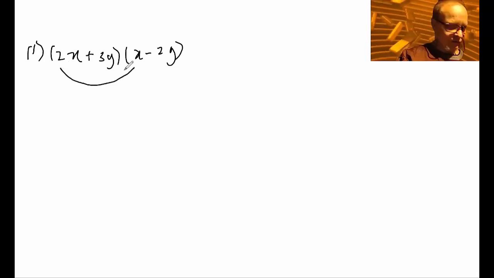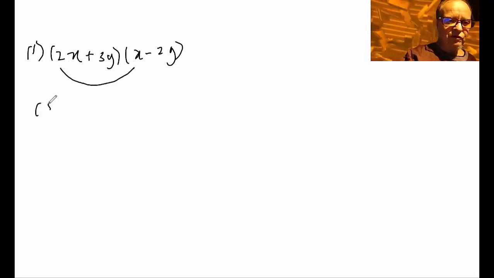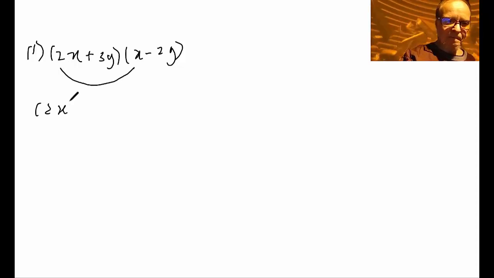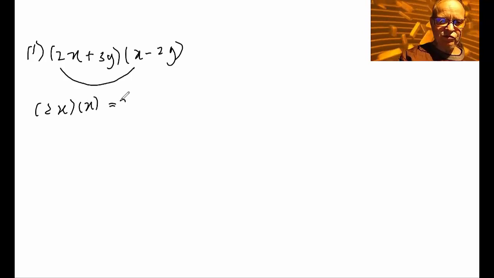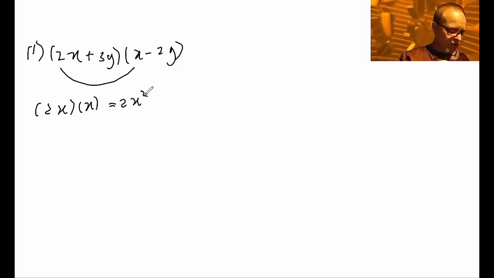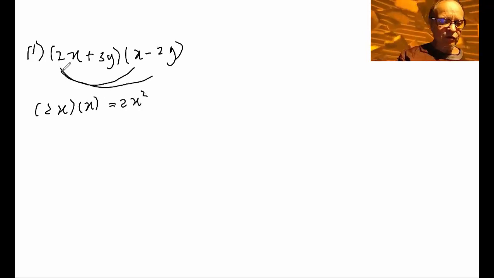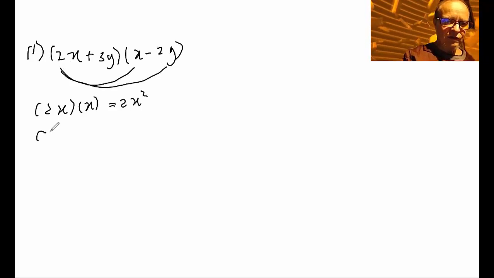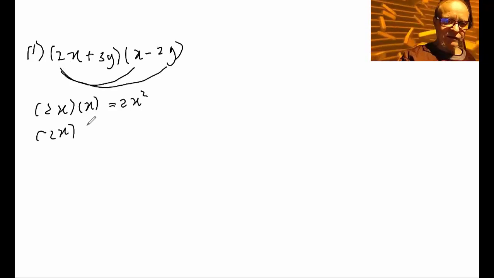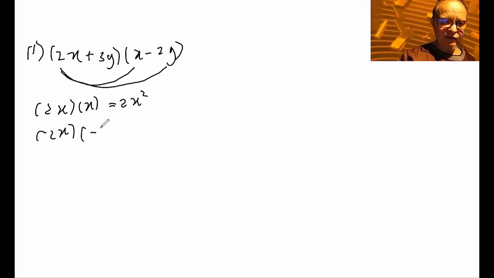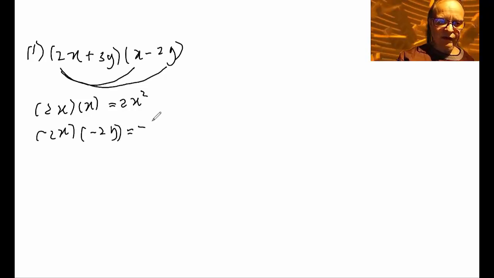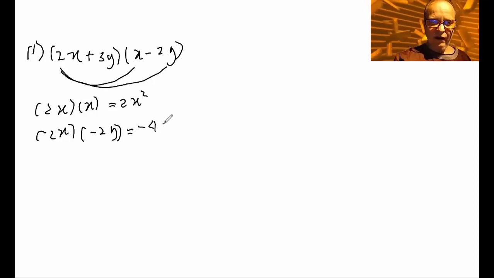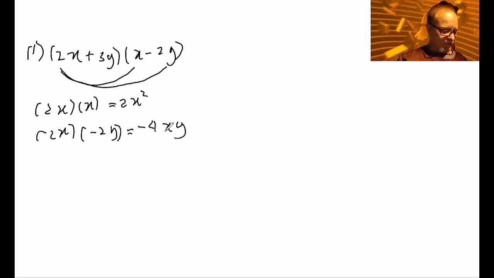So we're going to multiply 2x times x is equal to 2x squared. And we go 2x times negative 2y is equal to negative 4xy.